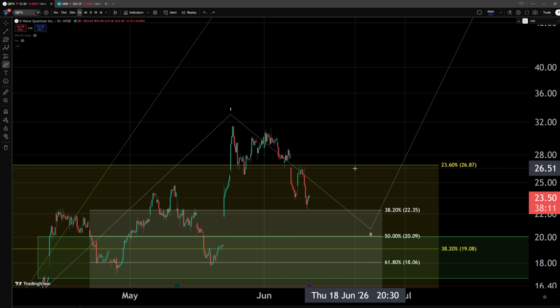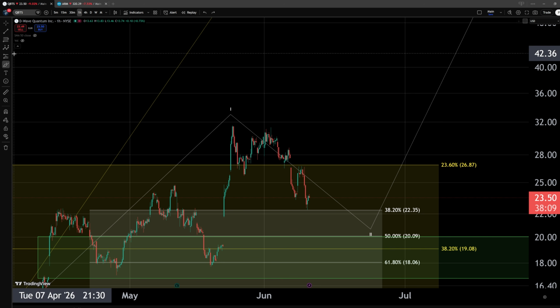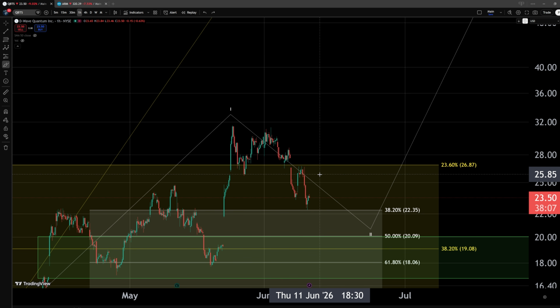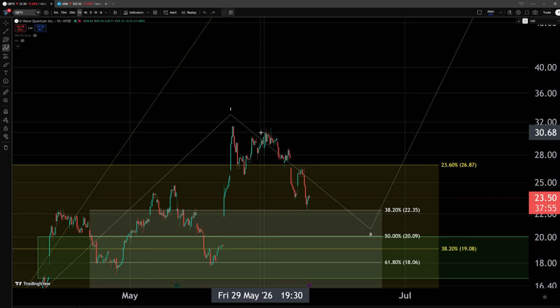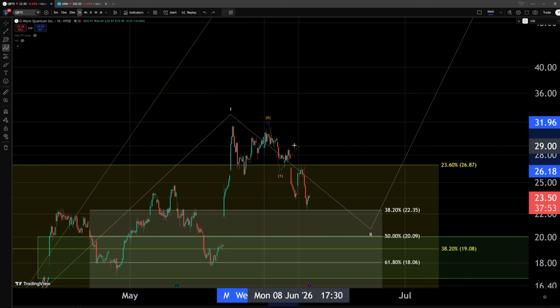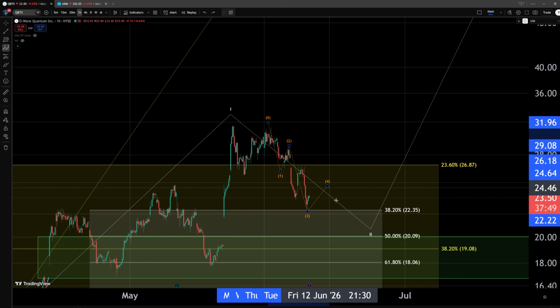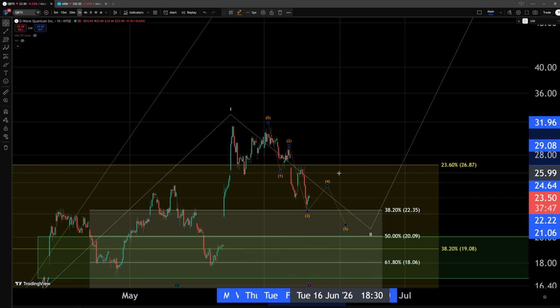At this point, I would have to prefer this idea, as I cannot clearly identify an impulse. We have retraced a bit deep within this to be a valid wave 4. So I actually have to consider that the wave 1 would have bottomed here. This would have been the wave 2 top, the wave 3 bottom, and I would expect a wave 4 and a wave 5 to complete this overall structure.